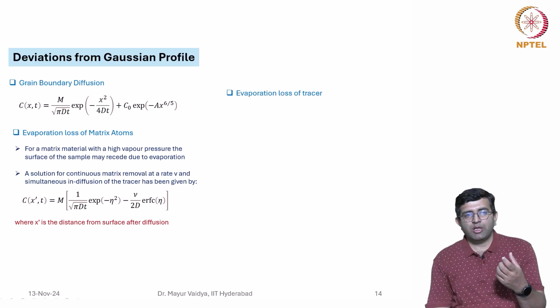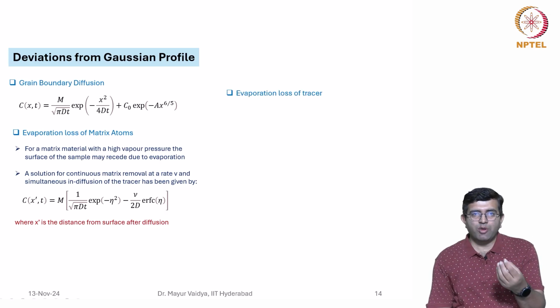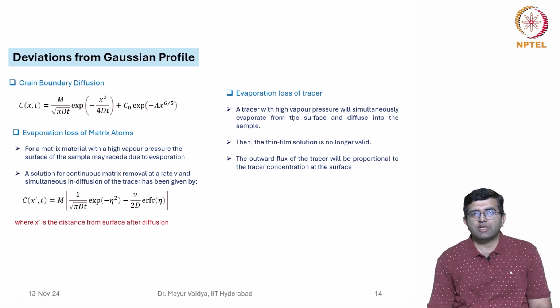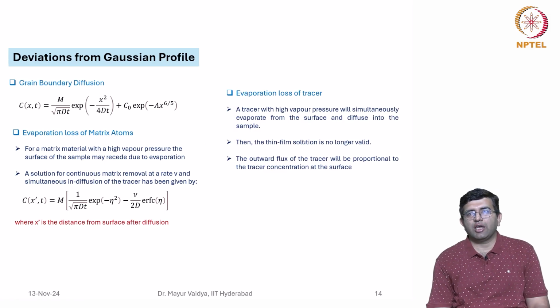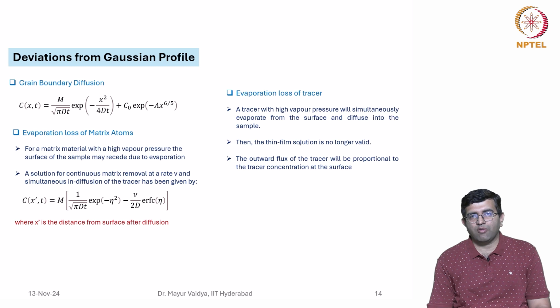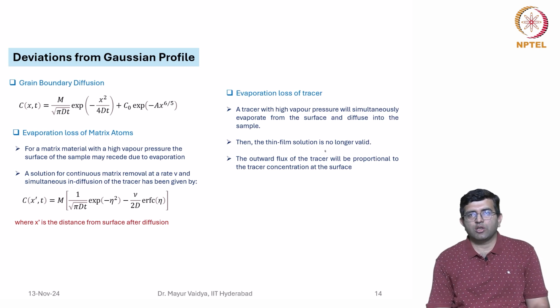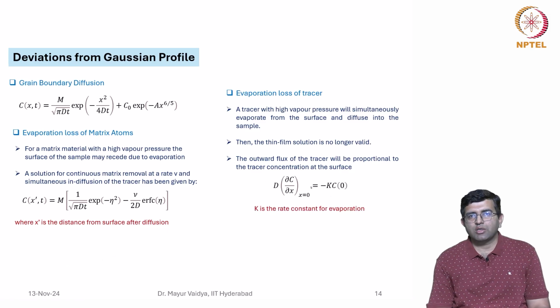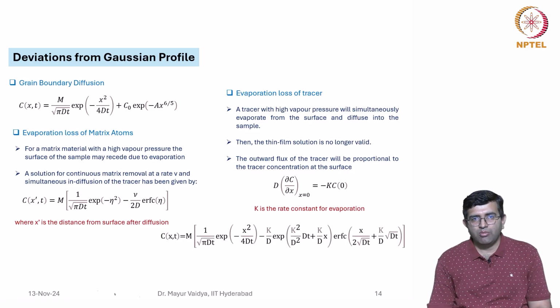Also, it is possible that the tracer itself may evaporate during the experiment. If the tracer has a higher vapor pressure, then it can evaporate from the surface very fast, and then the thin film solution is no longer valid. If you have an outward flux given something like K c0, where K is the rate constant for evaporation, then the solution can become extremely complicated.